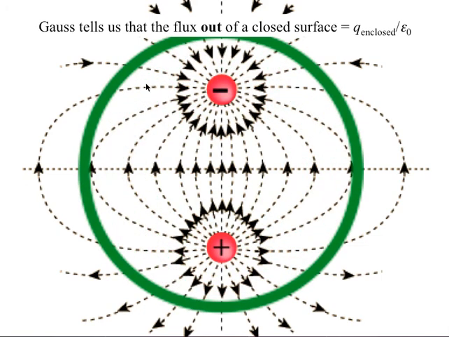I can make this giant sphere surround both of these charges. Now the total charge enclosed is 0 still. It's got a negative charge, got a positive charge. They cancel each other out. That means, if Gauss's law is correct, the flux that points out is 0. Again, down at the bottom, you have flux coming out.